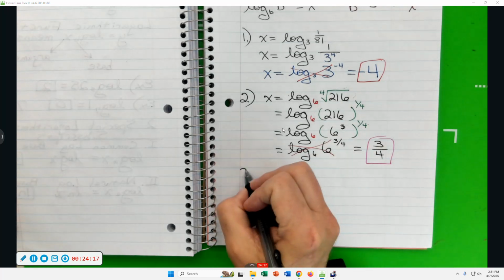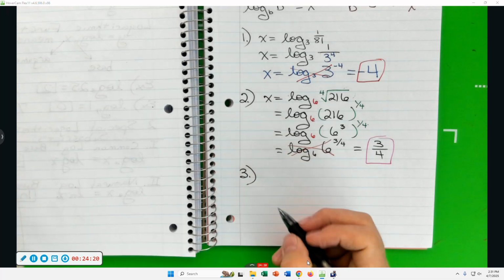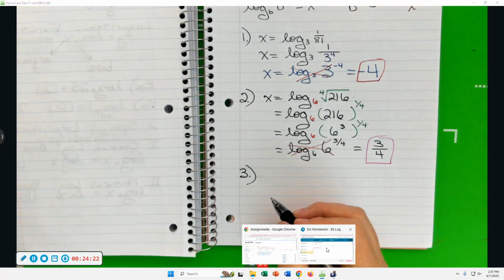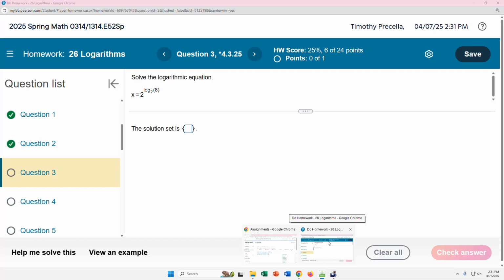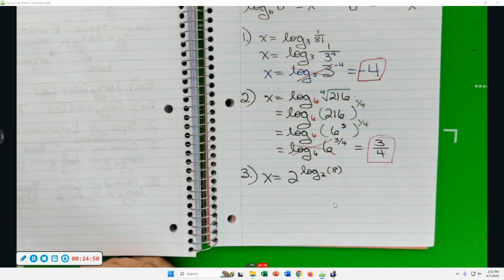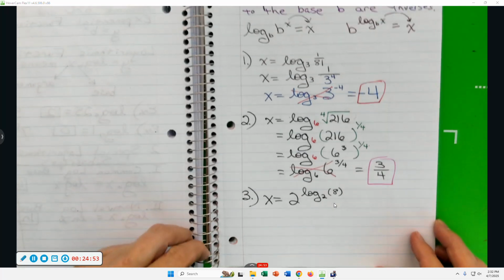Number 3 looks hard. X equals 2 to the log base 2 of 8. It says solve the equation. We want X equals a number. We don't want all that logarithm stuff. Well, is this hard or not so hard?